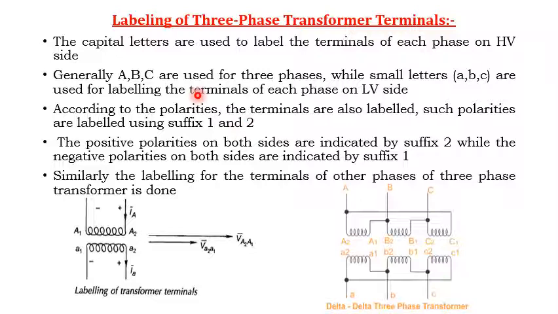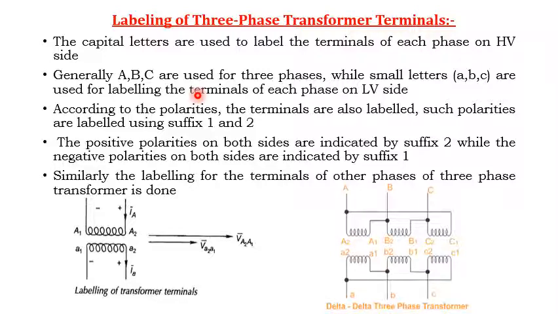The next point we will discuss is the labeling of three-phase transformer terminals. Basically, we classify the three-phase transformer connection into two categories, the HV side and the LV side, instead of primary side and secondary side.